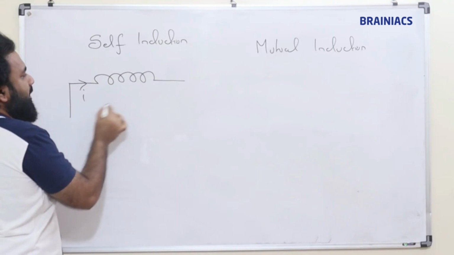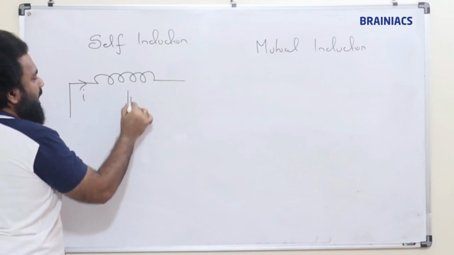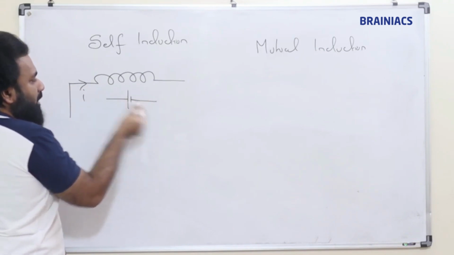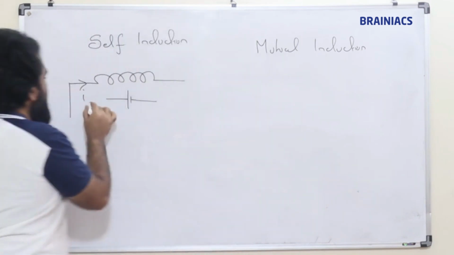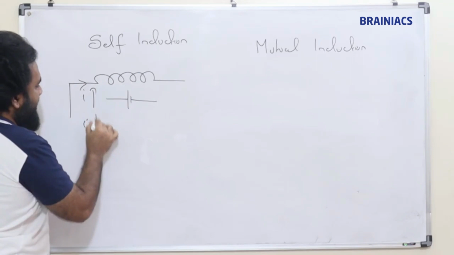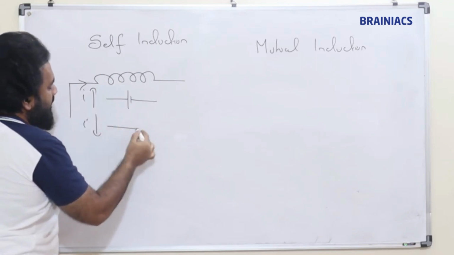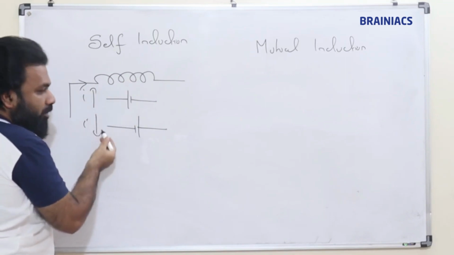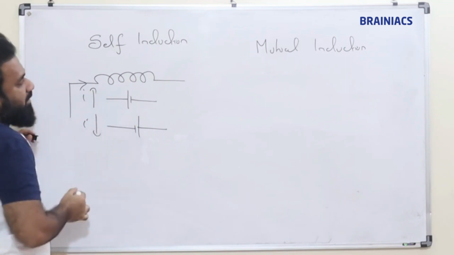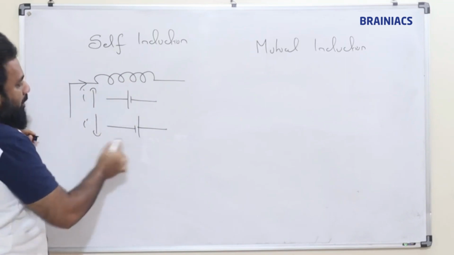Because of this current there is going to be an EMF in the opposite direction. If this current is increasing or decreasing, an EMF will be generated in order to oppose this change in the coil.